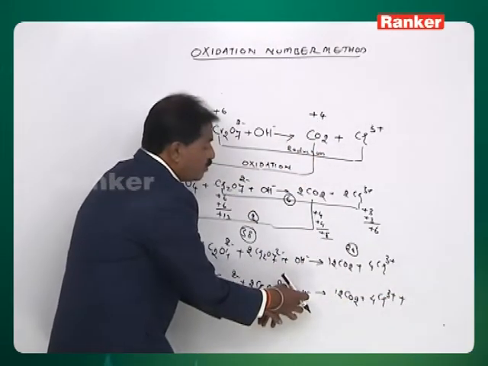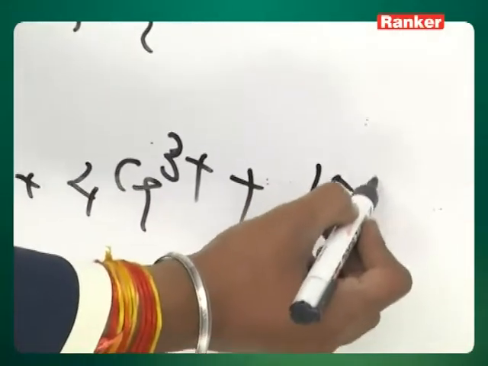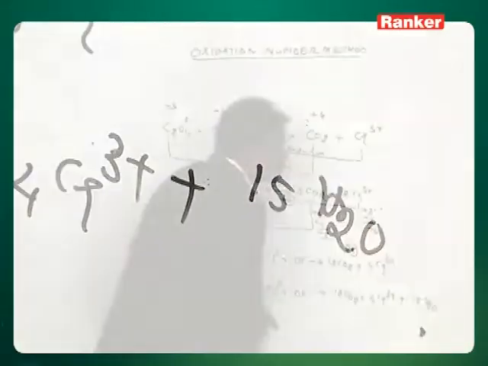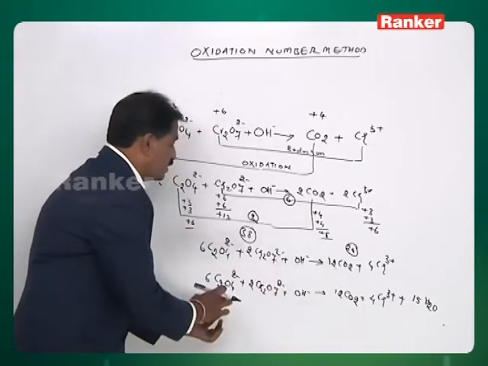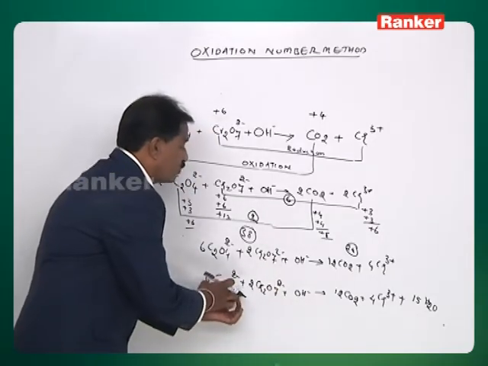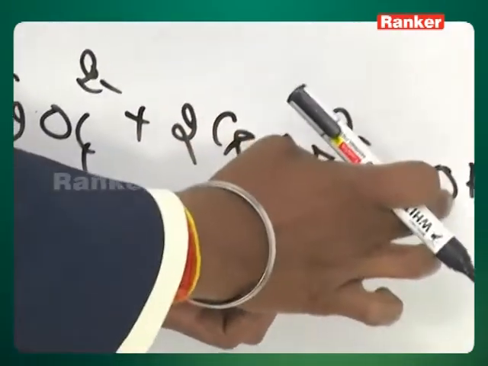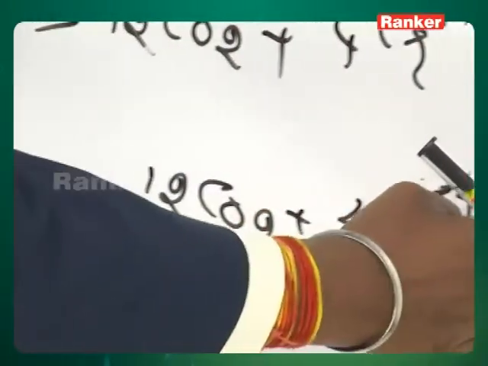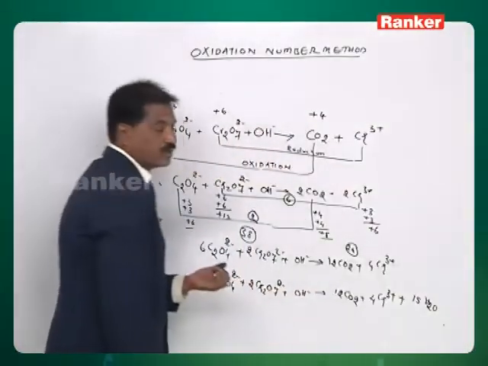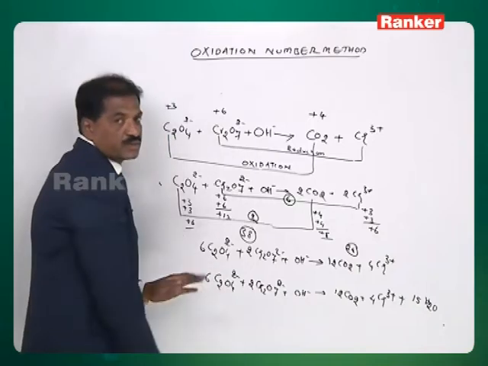Separately, one more OH group is there. For this OH group also include the water molecule. Therefore total 15 H2Os. Now you cross check the total number of oxygen atoms here. Here already 24, here 40, 38 plus 1, 39. Here 24 plus 15, so 39. So oxygen atoms have been balanced.